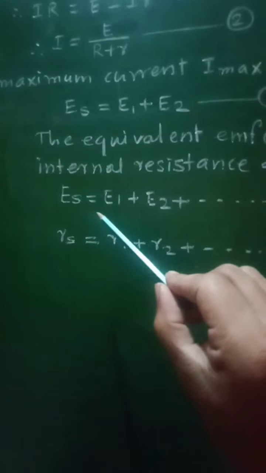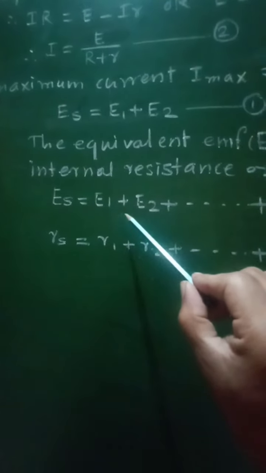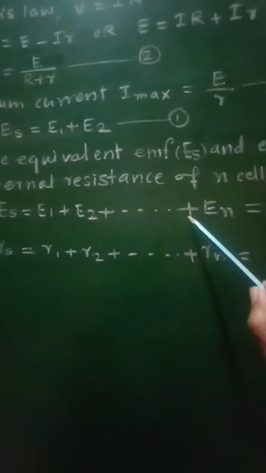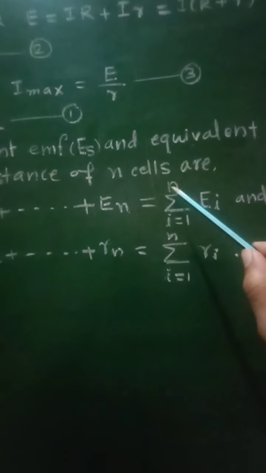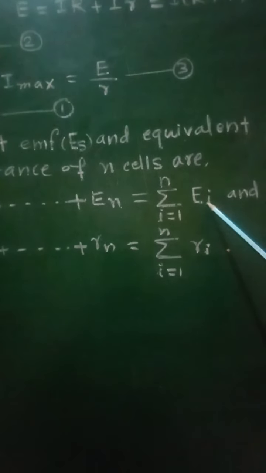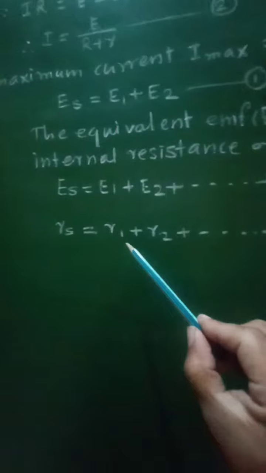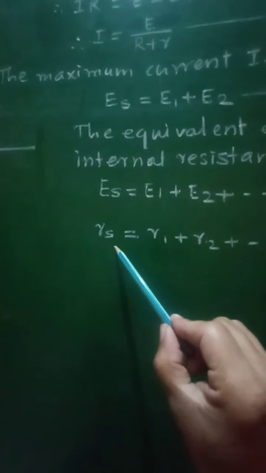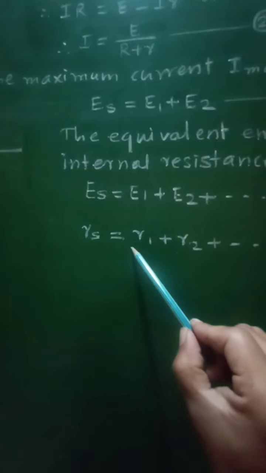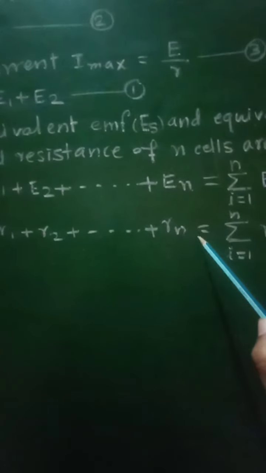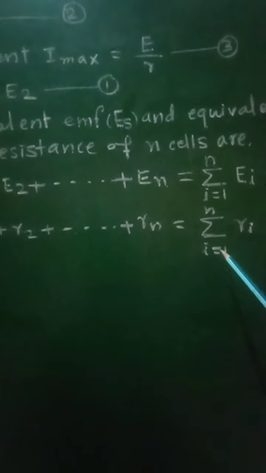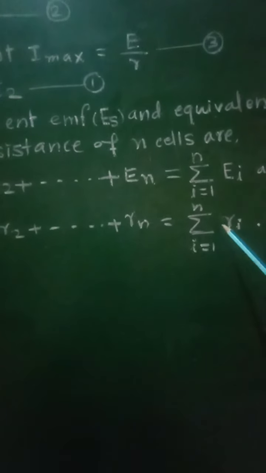So we can write the equivalent EMF Es equal to E1 plus E2 plus En, in short summation i equal to 1 to n of Ei, and the equivalent internal resistance rs equal to r1 plus r2 plus rn, written as summation i equal to 1 to n of ri.